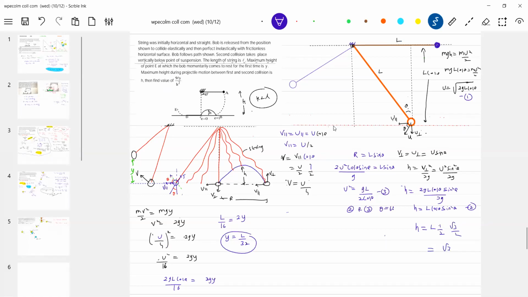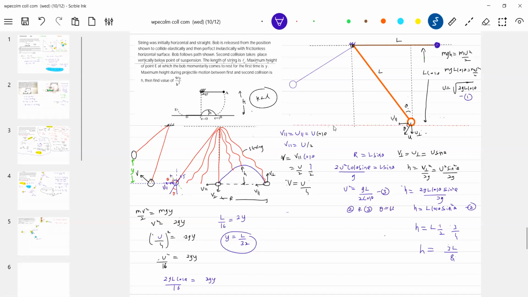So this will be root 3 L by 4. Check the answer, no? That will be 9L Y by GL by 8, which is equal to 3L by 8. Sine square theta. Sine square is there. So 3 by 4. Okay, this one. 3L by 8.